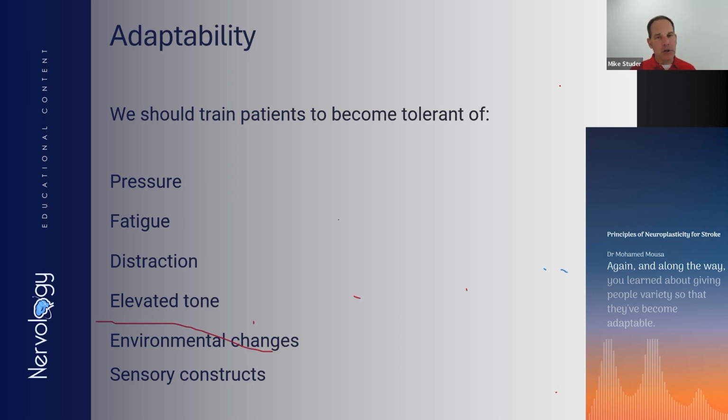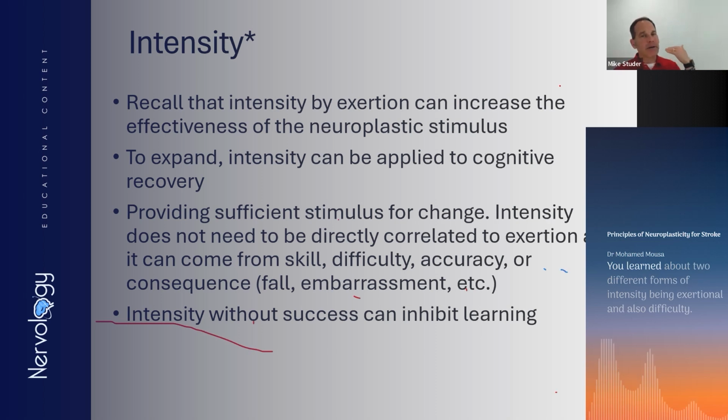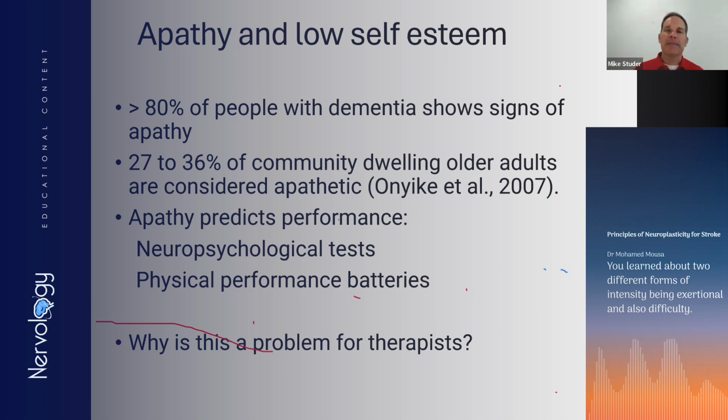And along the way, you learned about giving people variety so that they've become adaptable, and that causes them to actually also be more tolerant of attention. You learned about goal direction rather than internal body part focus direction. You learned about 2 different forms of intensity, being exertional and also difficulty.